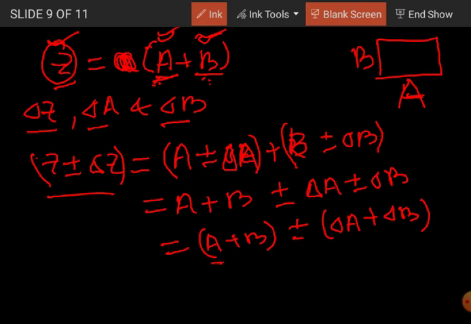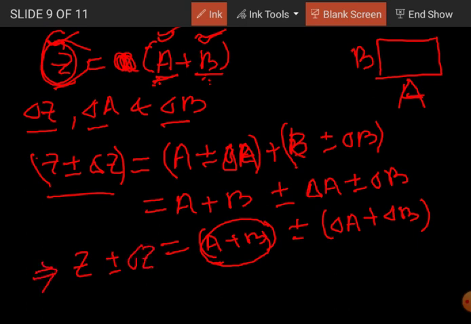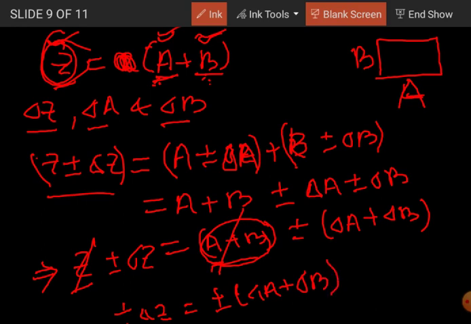But A plus B is nothing but Z. So your Z plus minus delta Z, this is Z, so this is also Z. You can cancel these two, so that plus minus delta Z will be equal to plus minus of delta A plus delta B. So the maximum value of error is delta A plus delta B. So your delta Z can be expressed as delta A plus delta B.